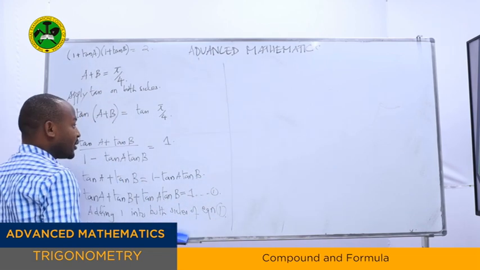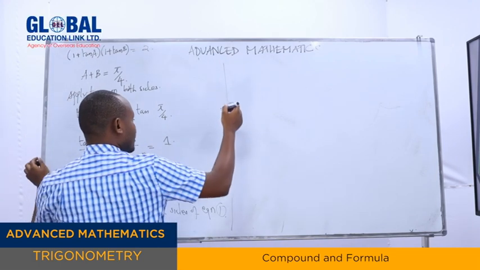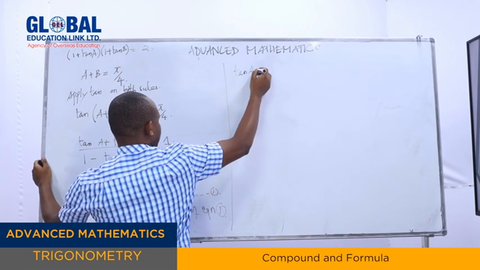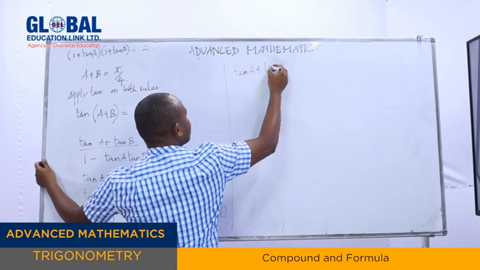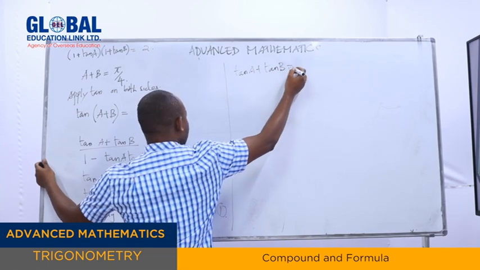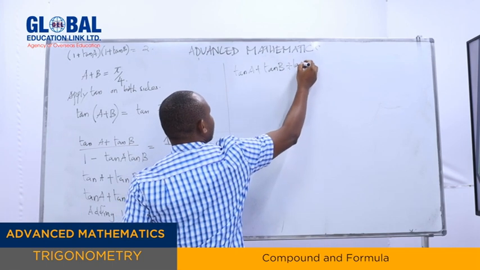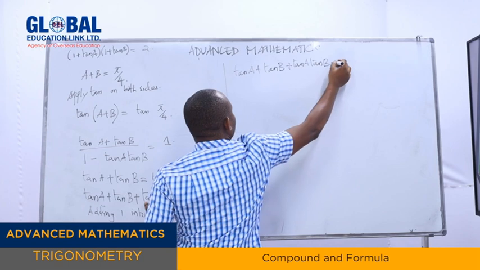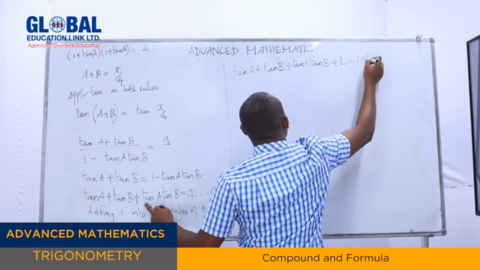We're going to have the following: tan A plus tan B, then plus tan A tan B plus 1 is equal to 1 plus 1.